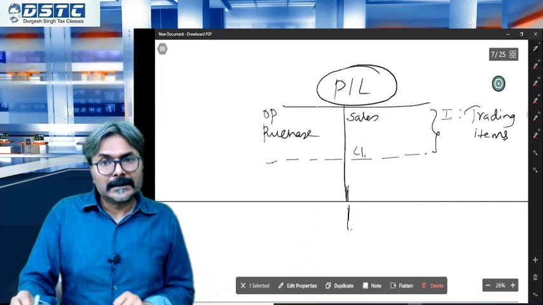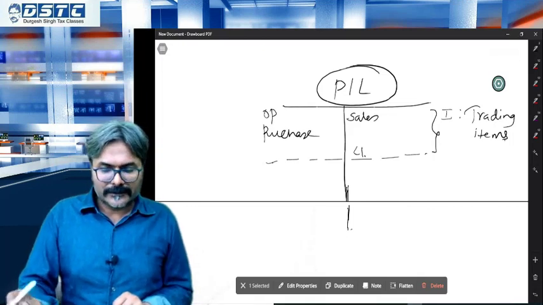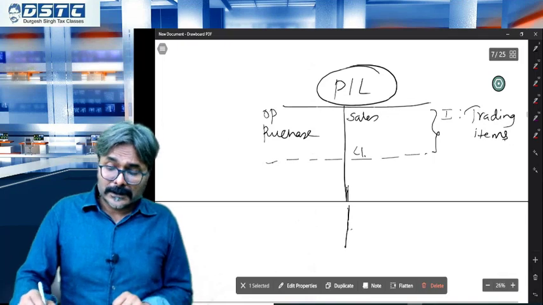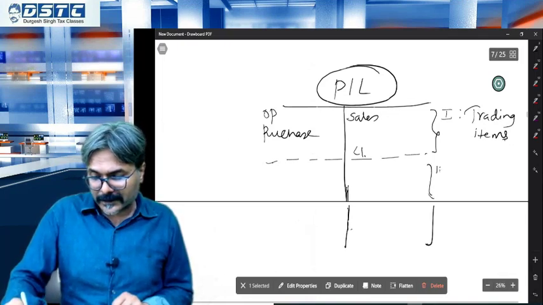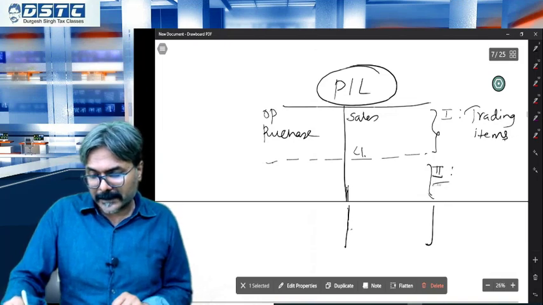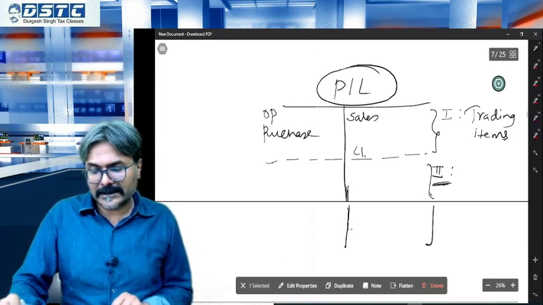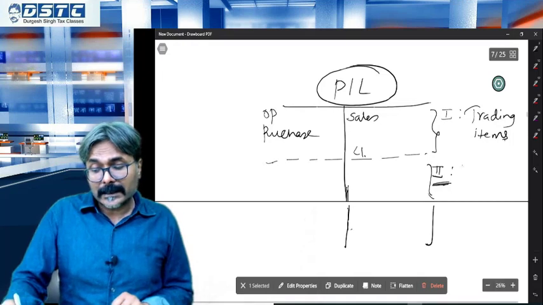Isn't it? This is about the trading item. Then thereafter, the second part which is there in this context is what?